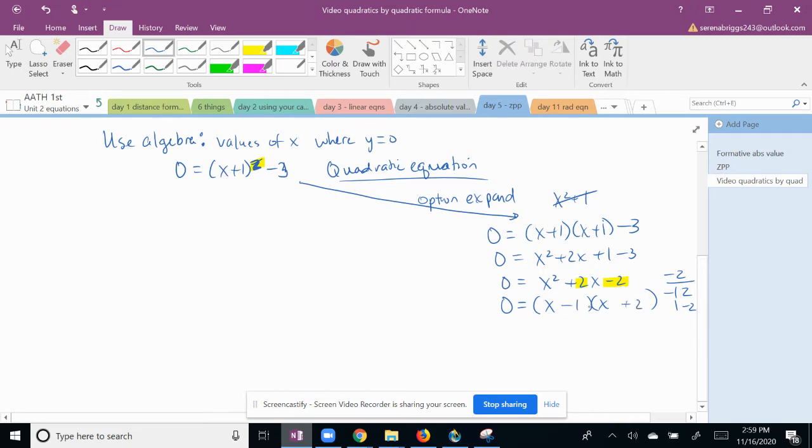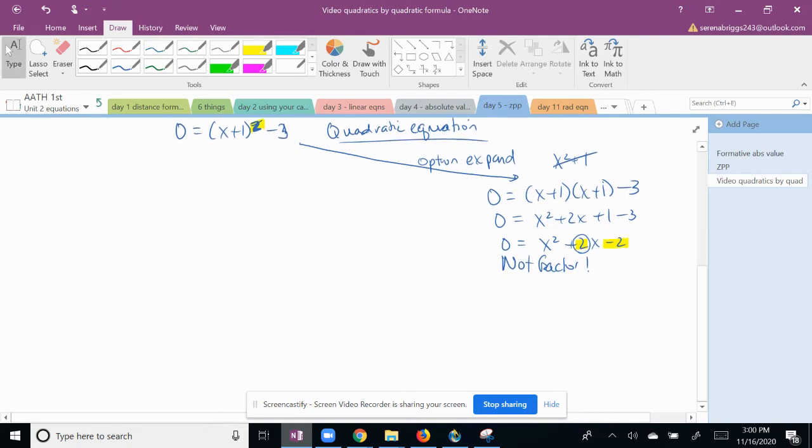And neither one of those is going to add up to positive 2x. So I'm unable to factor. I'll erase that because that didn't work. It will not factor. So how do I solve?